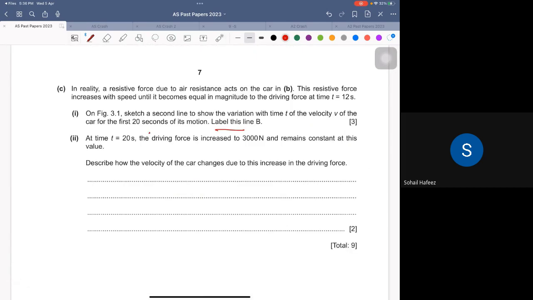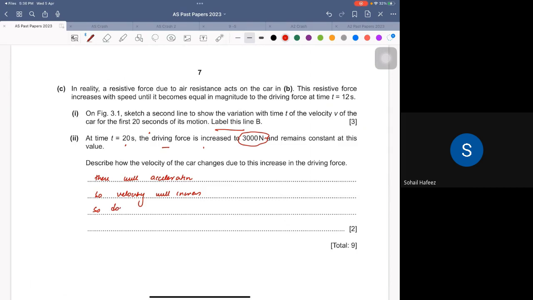And then at time t0, the driving force will increase to this and remain constant at this point. Describe how the velocity of the car changes. So if you increase the driving force, then obviously there will be greater acceleration now. There will be acceleration. So velocity will increase.